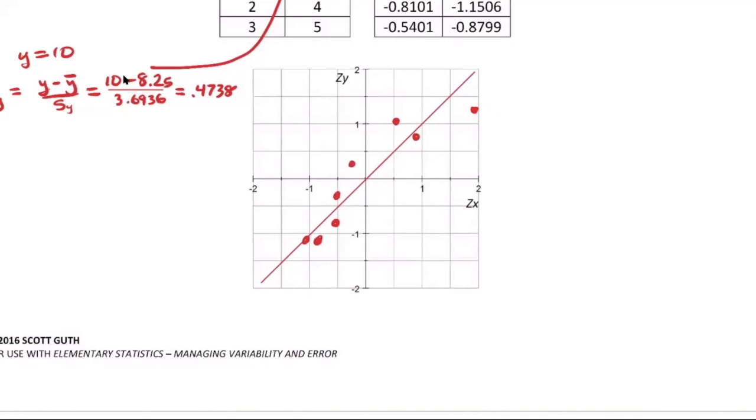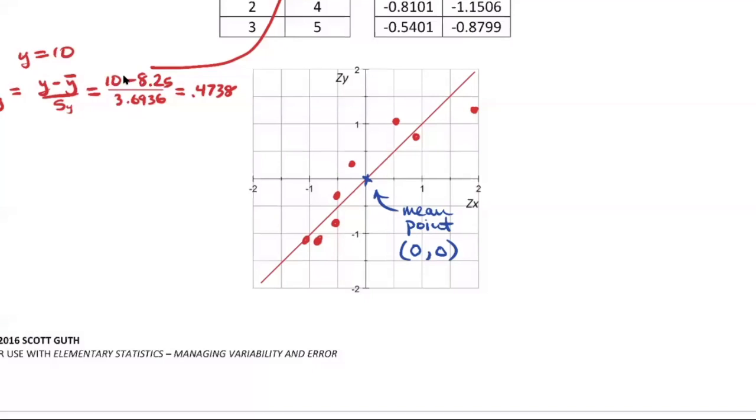I'm going to draw a little x here and say that that's the mean point. The mean of z-scores is always 0, so the mean of zx will be 0, and the mean of zy will be 0.